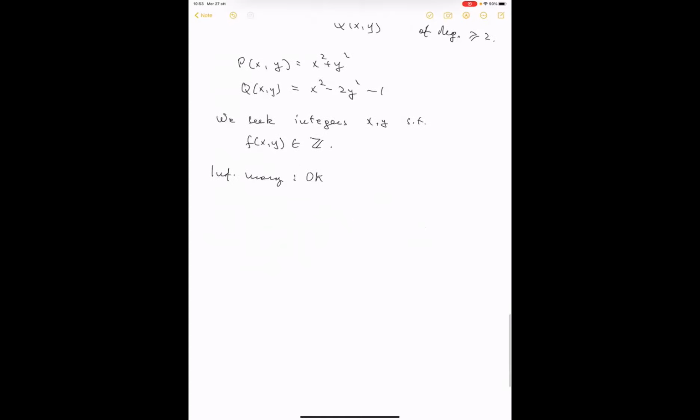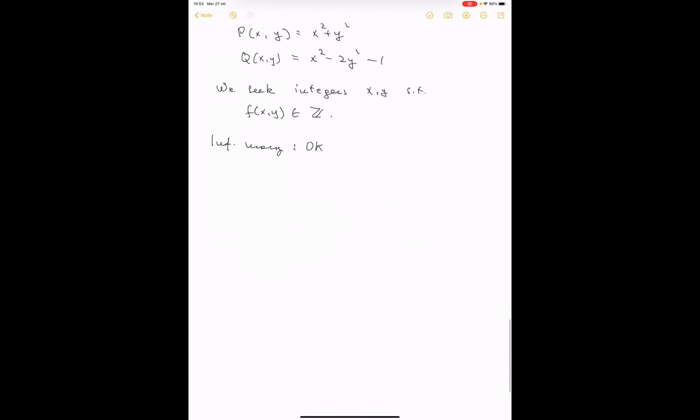What can we do? For instance, we solve the equation x squared minus 2y squared equal 2. This has infinitely many solutions. This is a Pell type equation with infinitely many integer solutions. And of course, for these solutions, Q is 1, and the quotient is integer.